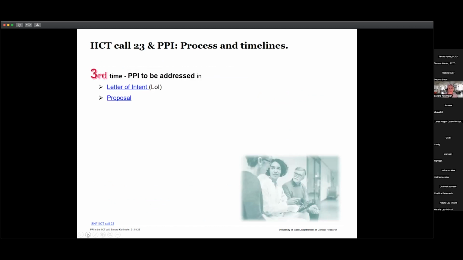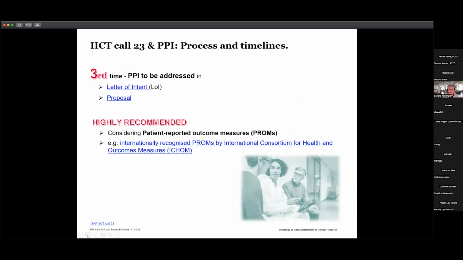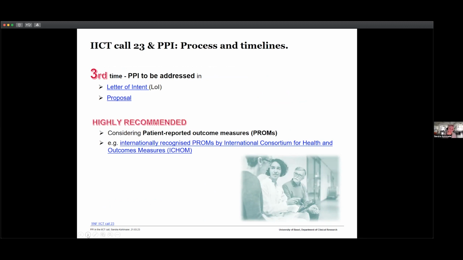And regarding PPI, it is the third time now, so the third year, where you have to address PPI in the letter of intent and also in the proposal. And it is also another point, in regard to patient involvement and patient-relevant outcomes, that the SNSF highly recommends to consider patient-reported outcome measures, so PROMs.